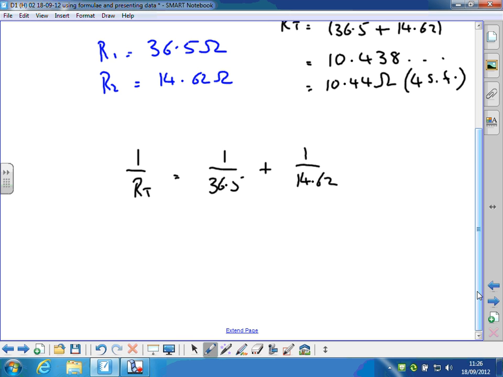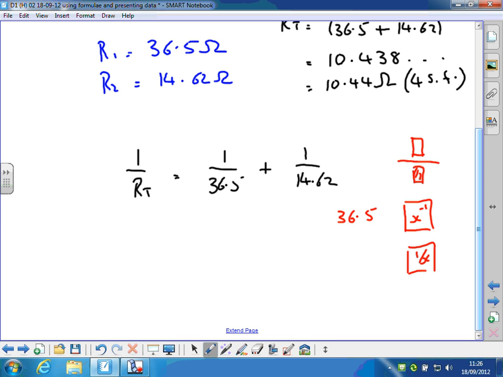As well as the fraction button, which can be useful in these situations, you've also got maybe a button that says on it x to the minus 1 or 1 over x. So if you have a look at your calculator, you've probably got one of these buttons on here. That would mean if I wanted to put 1 over 36.5, I'd hit 36.5, and then x to the minus 1.